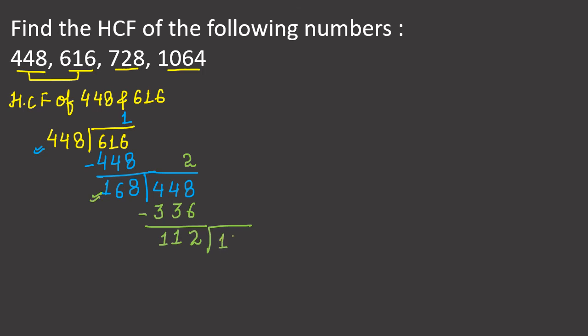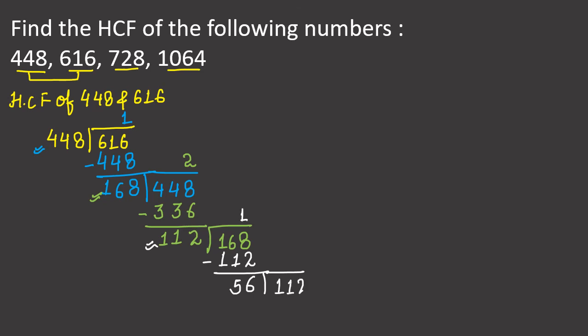So 168 divided by 112. 112 ones are 112. Subtract them. It will be 6 and 5. 56 left. So next divisor will be 56 and the dividend will be 112. Divide 112 by 56.